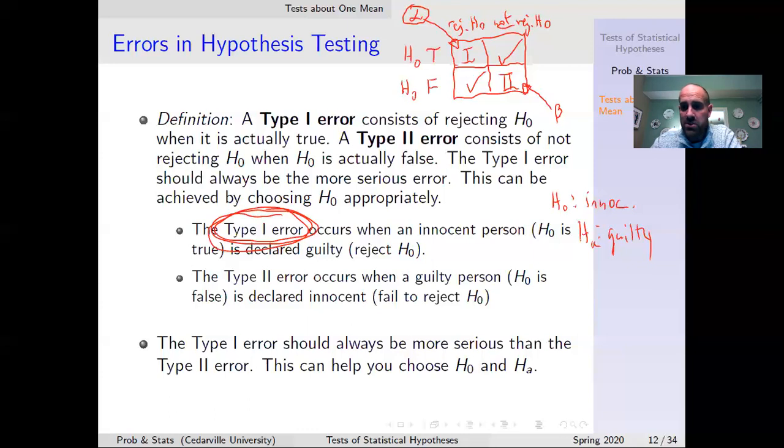That's a horrible thing to happen, so you would want to control that error. That would be your type 1 error in that case. So that's another kind of off-the-cuff example that shows that the alpha error, the type 1 error, is far more serious. So that's how you set up your hypotheses.